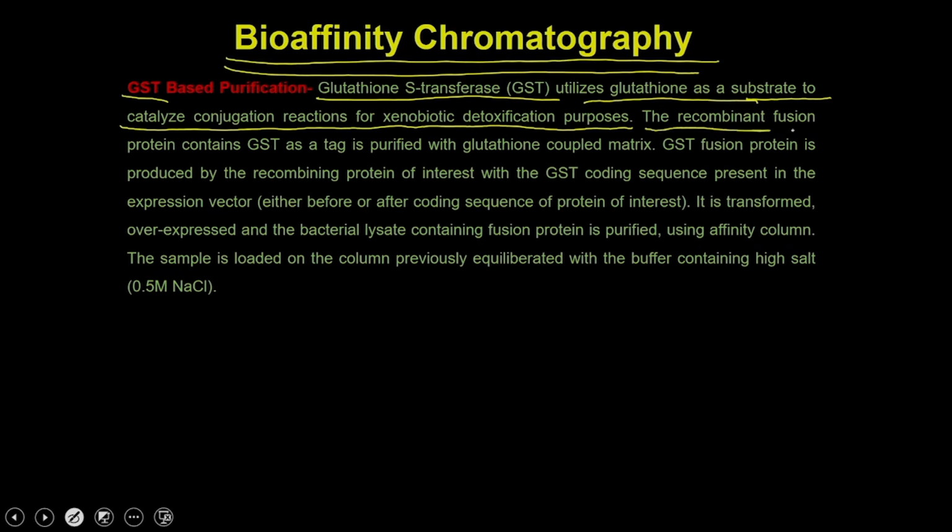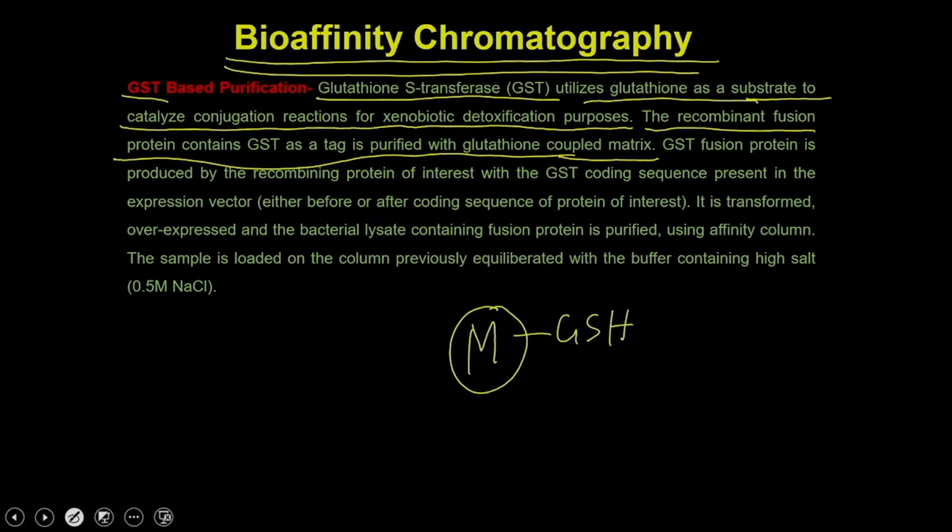What you have to do is the recombinant fusion protein containing GST as a tag is purified with the glutathione coupled matrix. So, in this case you have to take the matrix, couple it to the glutathione which is called the GSH, and then you couple the GST to the protein with the help of recombinant DNA technology.